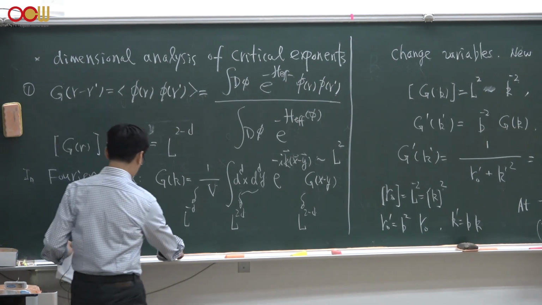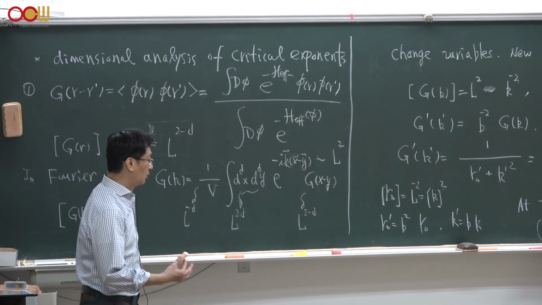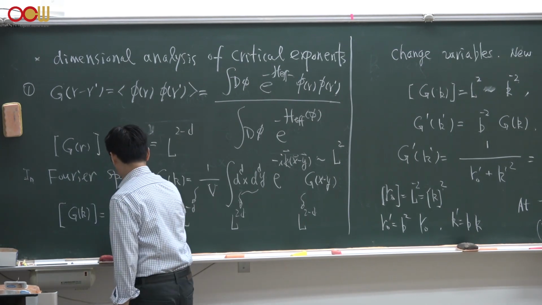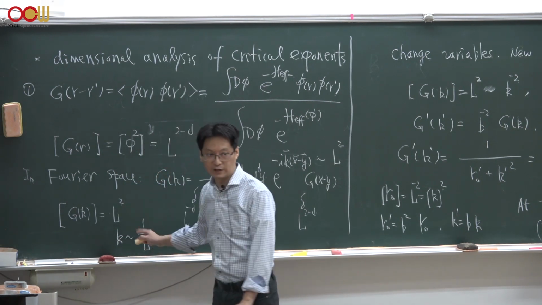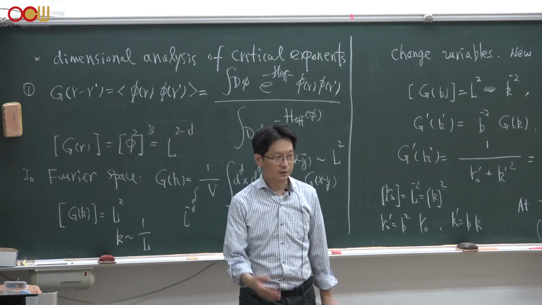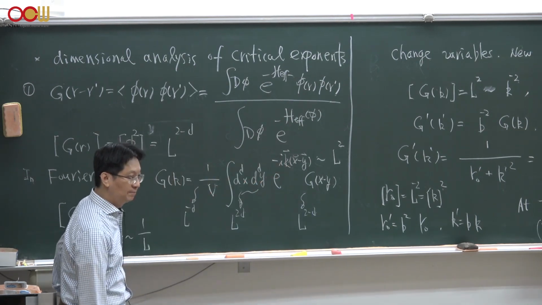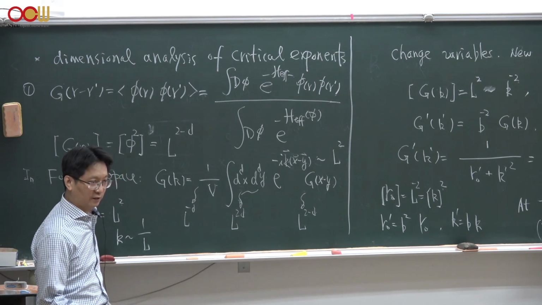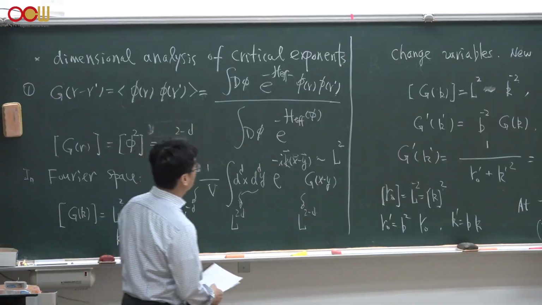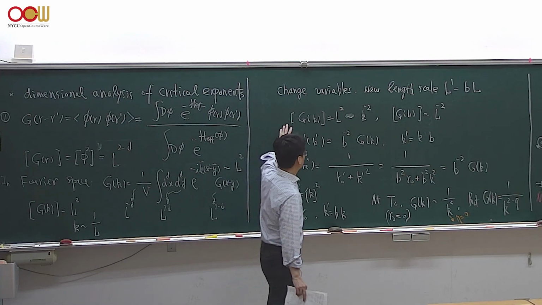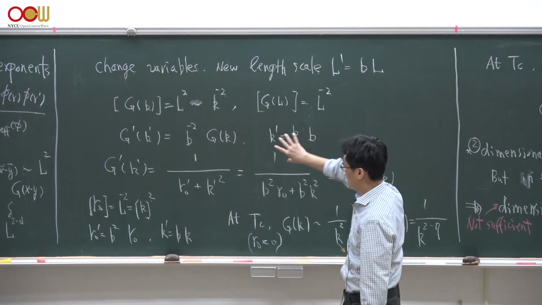But there's one important relation between the length scale and the momentum variable k: k is proportional to 1 over L, or vice versa. Remember, momentum or wave number, the Fourier variable k, is inversely proportional to the length scale, from your quantum mechanics. So we could translate this dimensional analysis back and forth between real space and Fourier space.